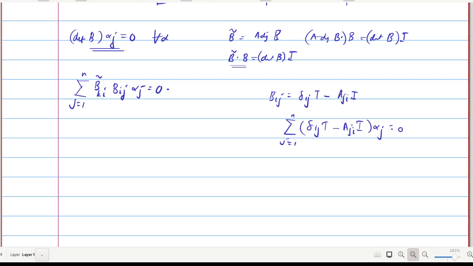From these two equations you can easily get summation j is equal to 1 to n of b_ij alpha j is equal to 0.